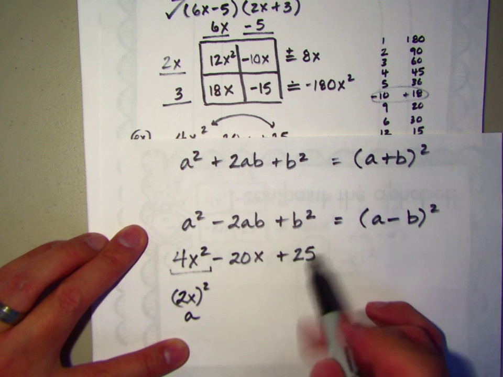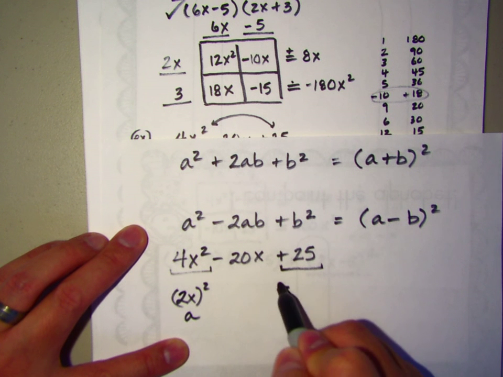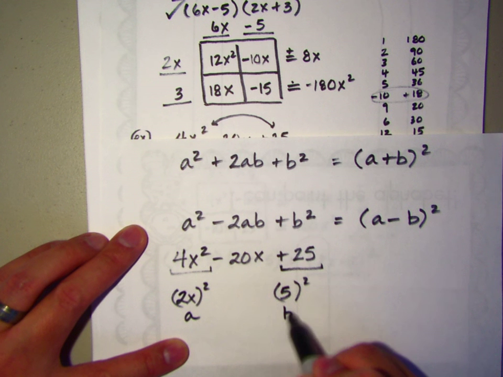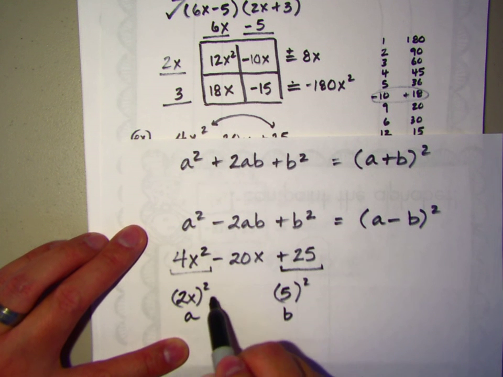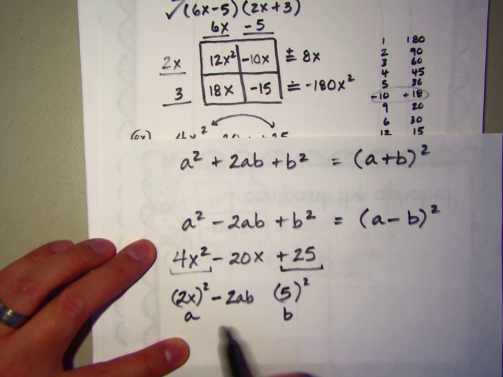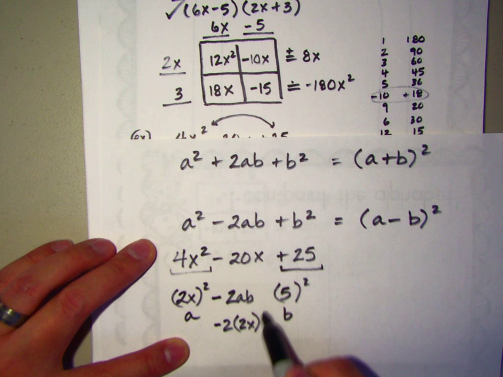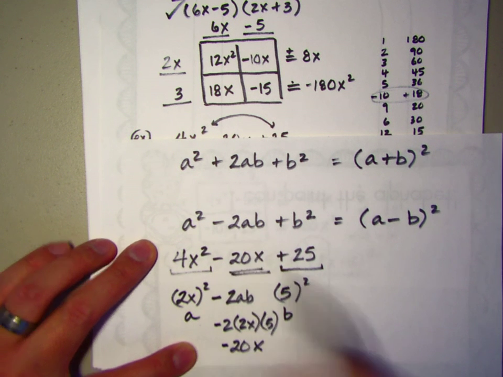Well, 25 is 5 squared, so b squared is this last term, if b is 5. Now, if the middle term works out to negative 2ab, negative 2 times a times b, so if that middle term is negative 20x, which it is, then this fits the format of a perfect trinomial square.